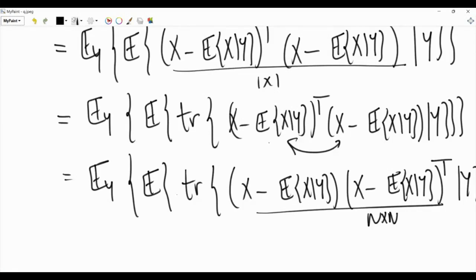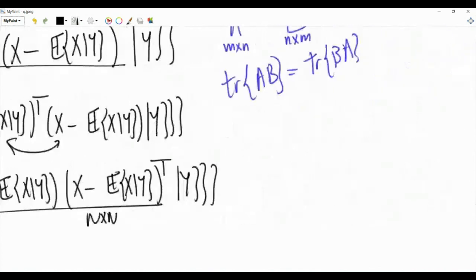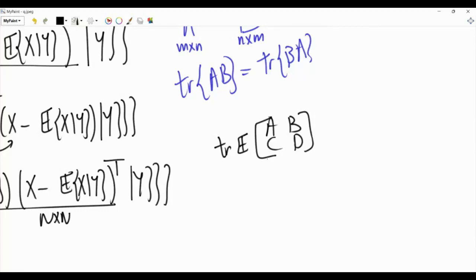The expectation of the trace is the trace of the expectation, and this is due to the linearity of the expectation operator. Suppose that we have a matrix with random variables A, B, C, D. What will happen if we take the expectation and then the trace? An expectation applied to a random matrix just means that we apply the expectation to each element.